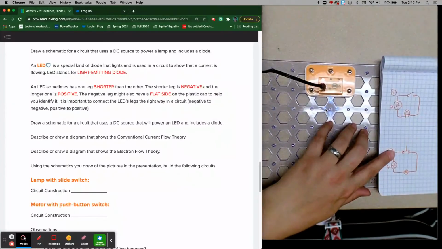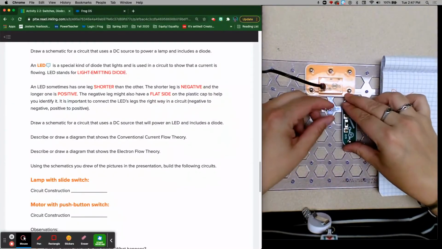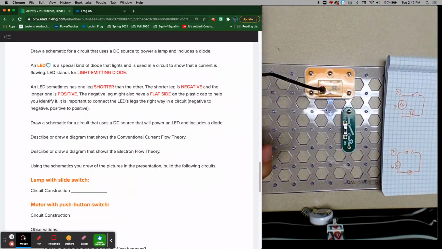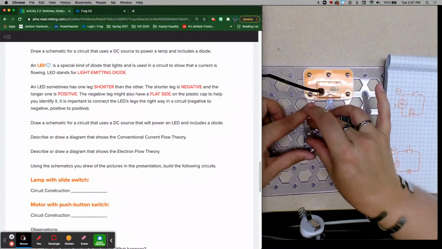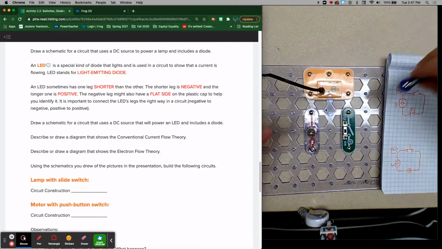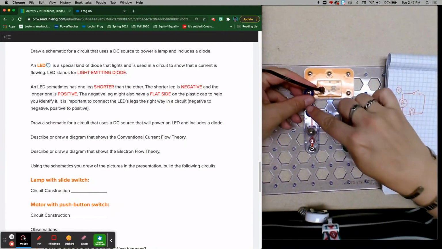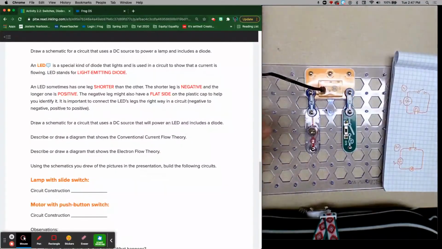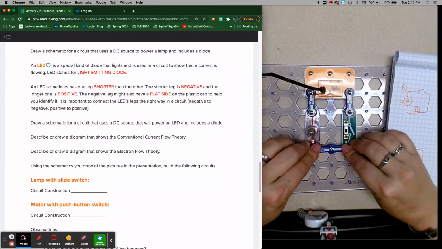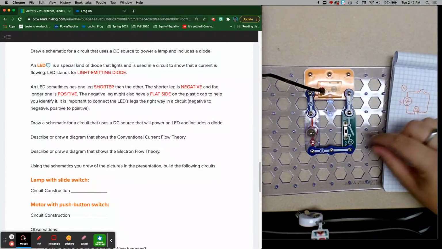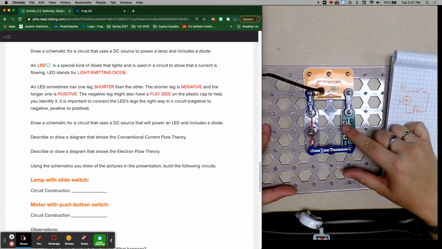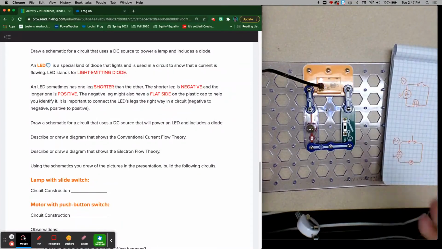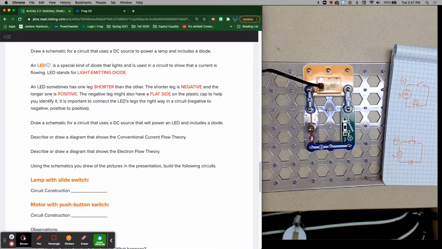DC power source with a slide switch and a lamp. So we are going to connect here, here, and here. Okay, so now I can turn my light on and off. Make sure you take a picture of this for your assignment.